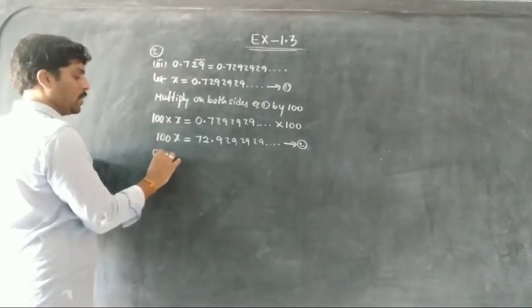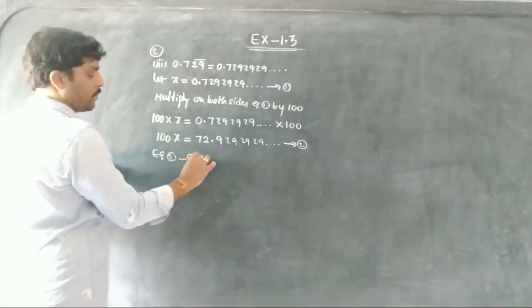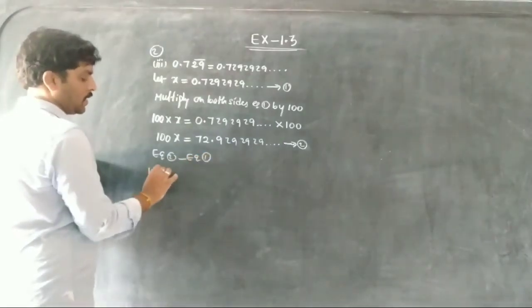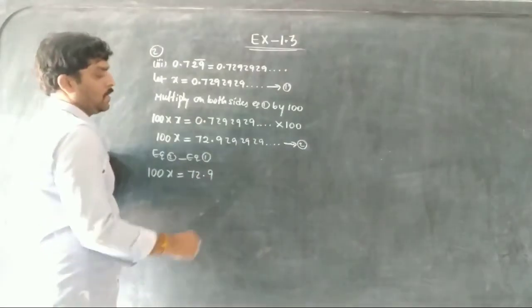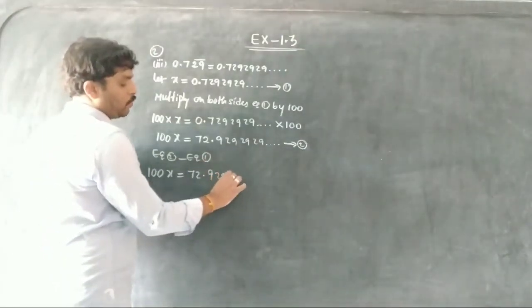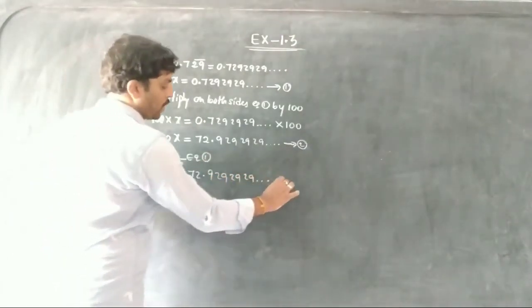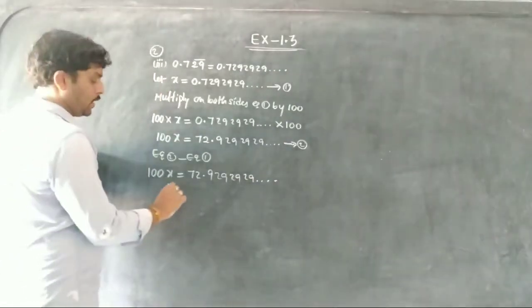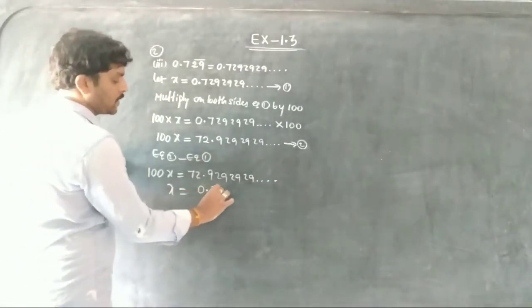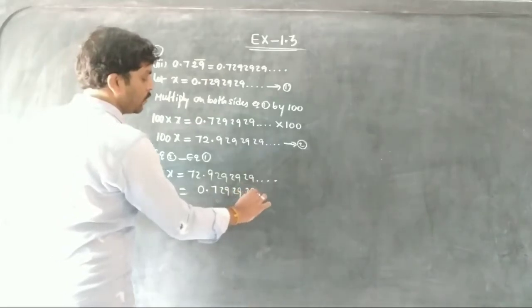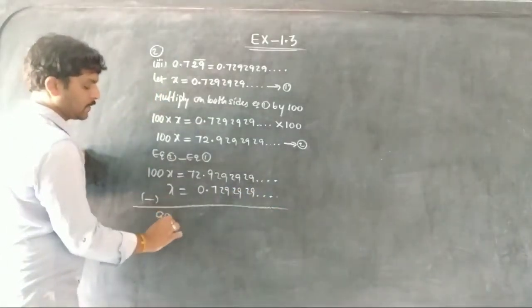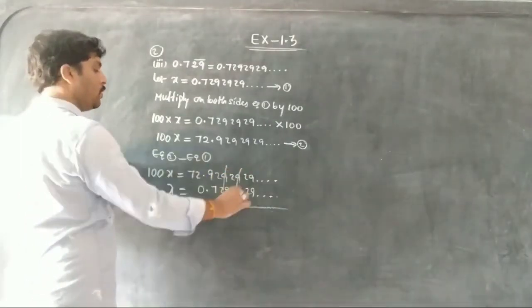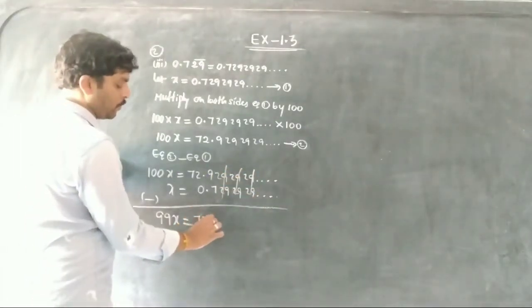Now equation number 2 minus equation number 1. So that is 100x is equal to 72.9292929 and so on. Equation 1 is x is equal to 0.7292929 and so on. Both subtract: 99x. 292929 cancel. 72.2.